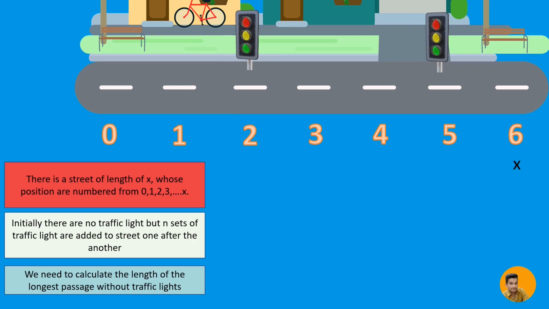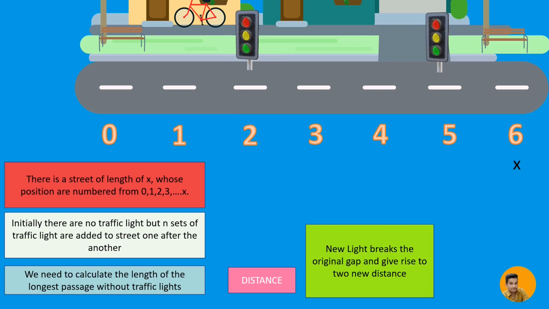So what we get from this? We are calculating the distance, and we also get this: whenever a new light is added, it breaks the original gap and gives rise to two new distances. That is clear. Whenever a new light is added, it breaks the original distance.